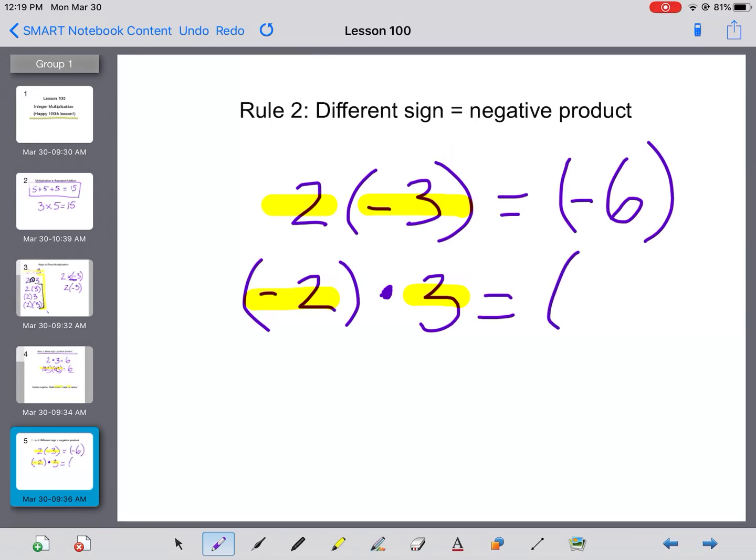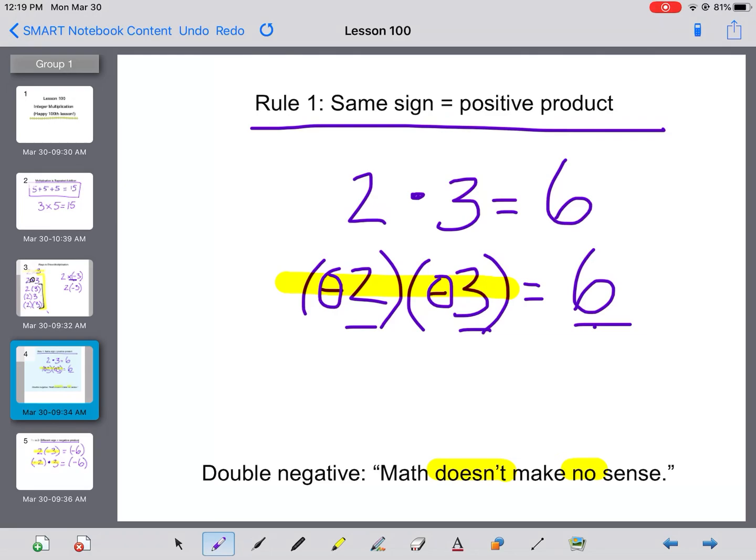Because they have different signs, your answer is negative. So as long as you know how to multiply and you remember those two rules, if you have a different sign, you get a negative product or a negative answer. And if you have the same sign, you have a positive product or a positive answer, then this lesson should be pretty simple for you.